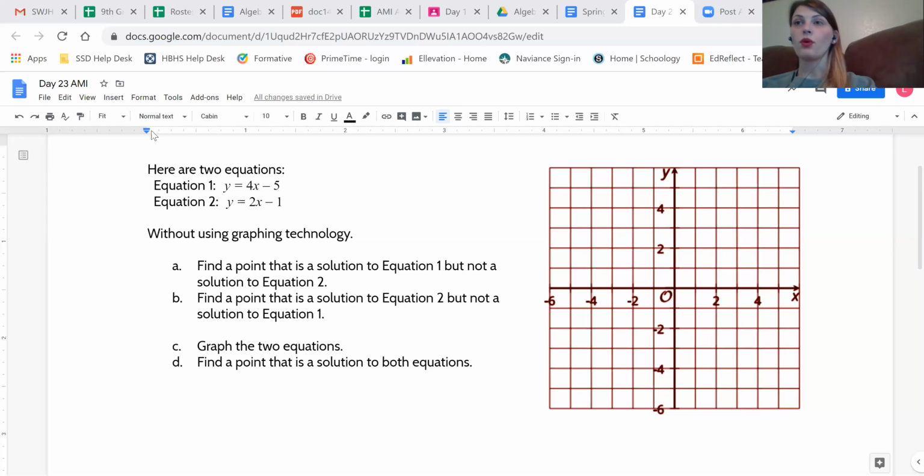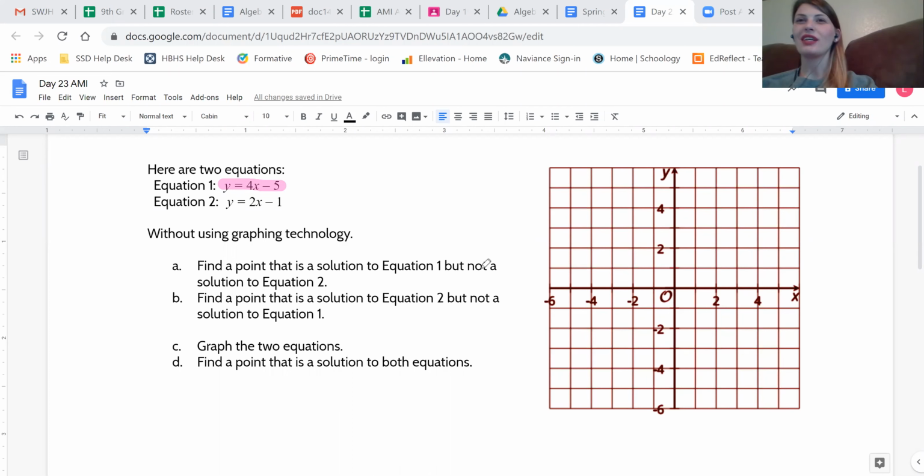We could do these in order, but I think the easiest way is to graph. So I'm going to start with a little bit of annotation. Equation 1, I'm going to do this in a nice pink color.